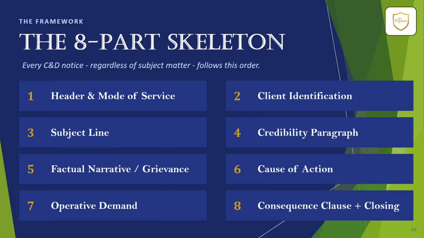Once you know the skeleton, you can draft a cease and desist notice for any cause of action. Only the content inside each box changes. Today we will be building it twice: once from scratch on a fictional case, and then I will show you exactly the same skeleton inside a real notice actually sent by a law firm.